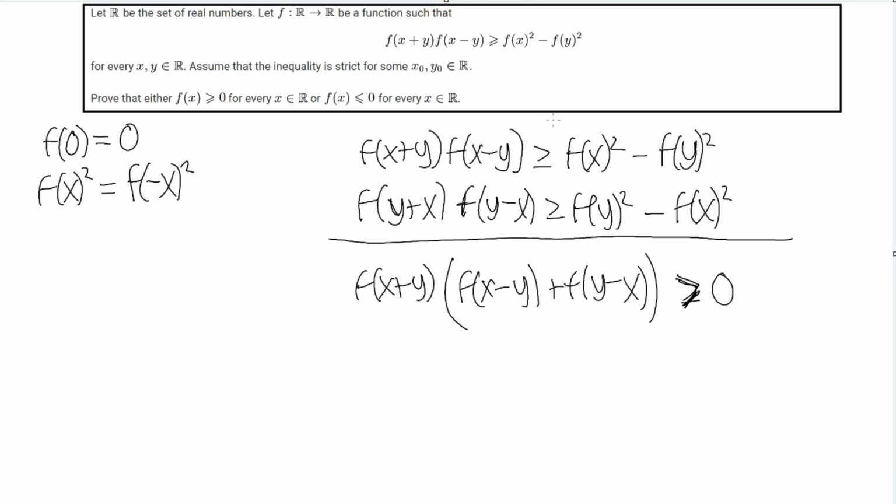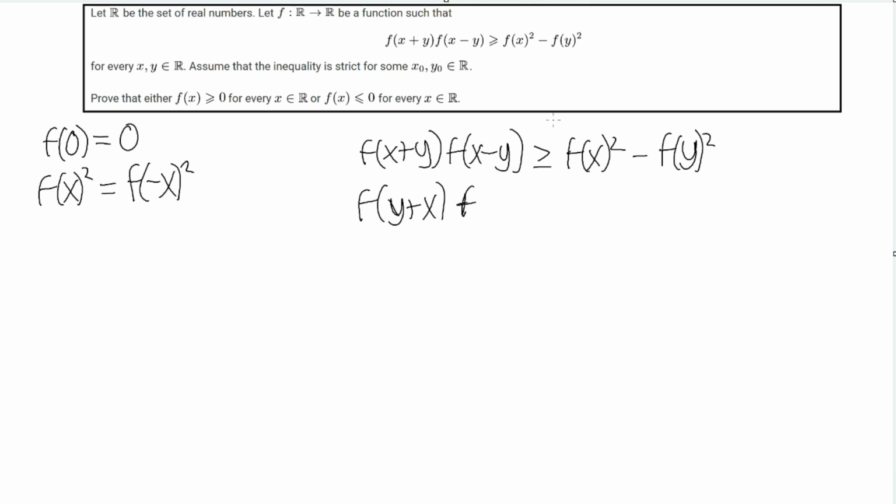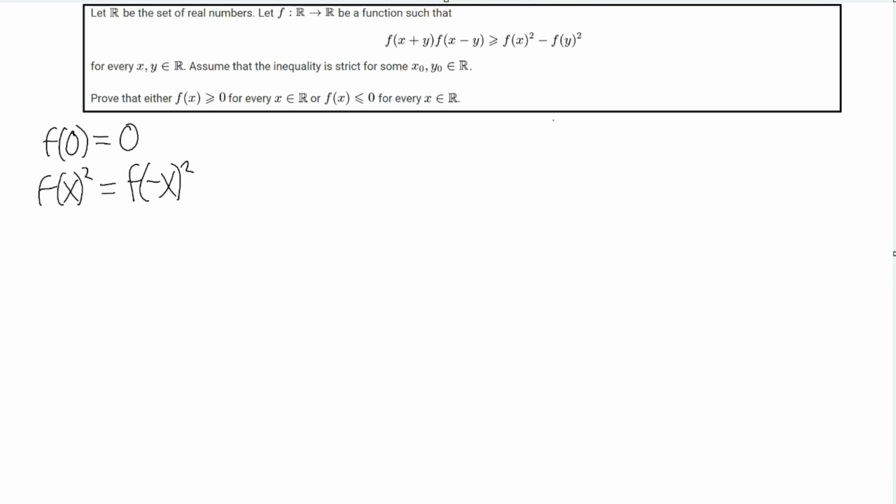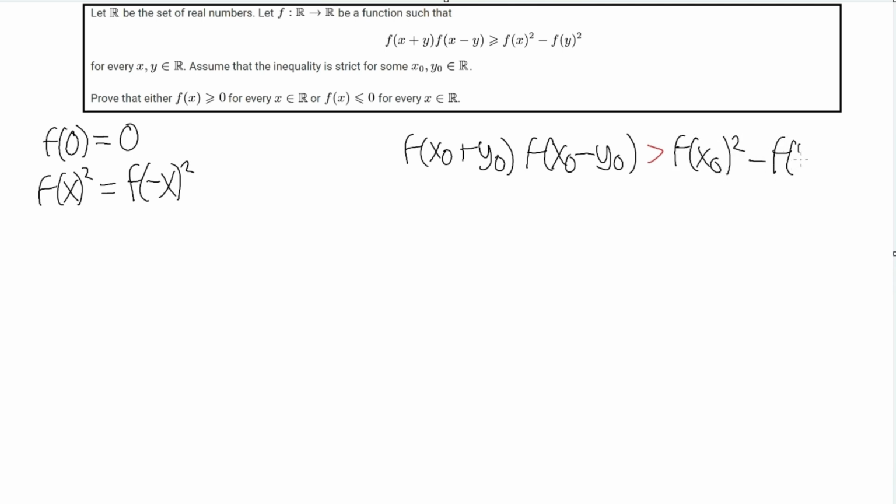So we can just get rid of all of this and rewrite the inequalities in terms of r, x0 and y0. We get f of x0 plus y0, f of x0 minus y0 is greater than f of x0 squared minus f of y0 squared.